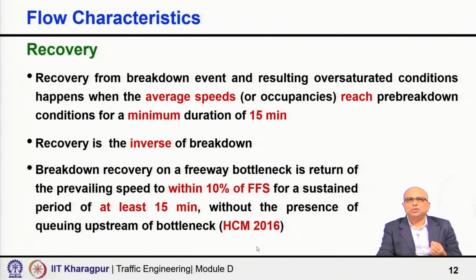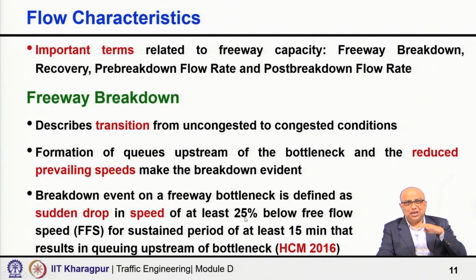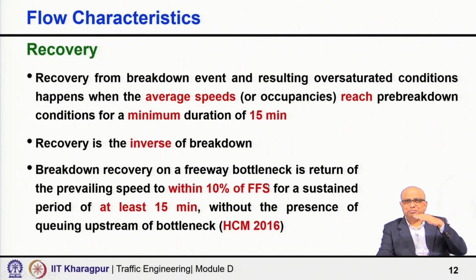As per the Highway Capacity Manual, breakdown recovery on a highway bottleneck is the return of the prevailing speed, which had gone at least 25% below free flow speed, to within 10% of the free flow speed, again for a sustained period of at least 15 minutes without the presence of queuing upstream of the bottleneck.